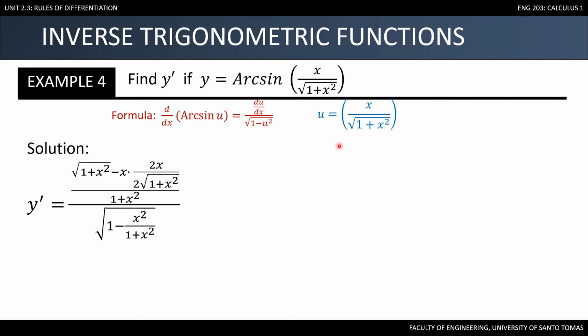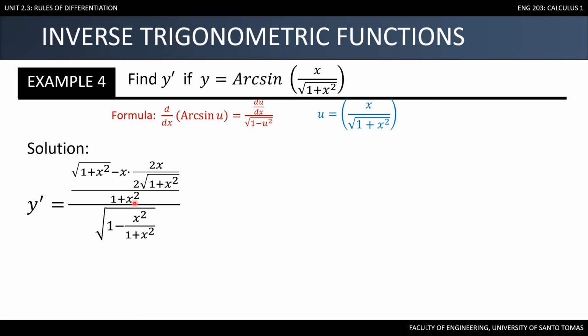Let's plug in the values. The numerator is our du over dx. Since our u is a quotient, we will be applying quotient rule. So the denominator will have to be squared. So here is our denominator. Square root of 1 plus x squared, quantity squared is 1 plus x squared.